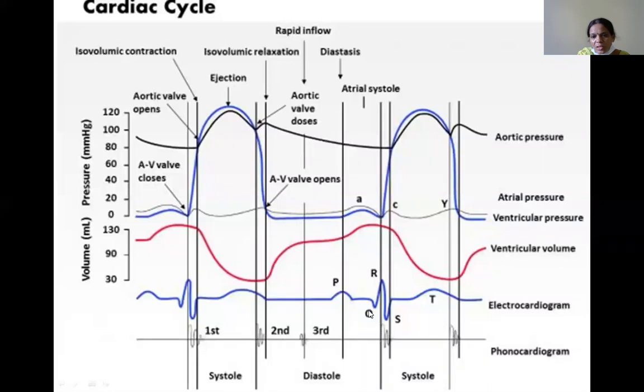This is ventricular depolarization. Now the ventricles have to contract. So this is ventricular contraction, ventricular depolarization, showing the QRS complex.